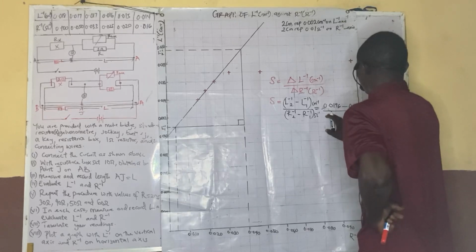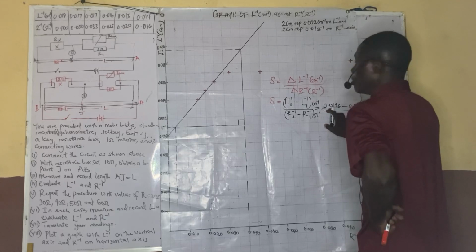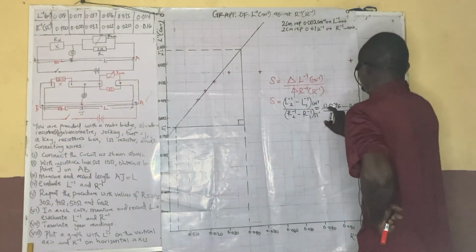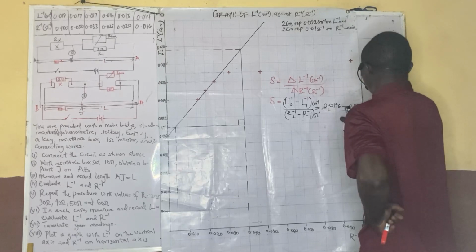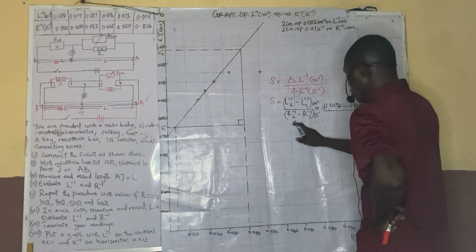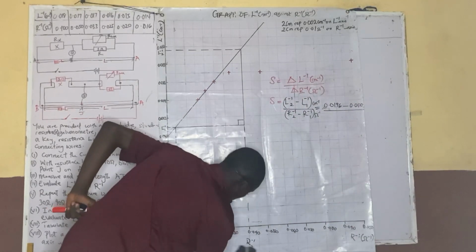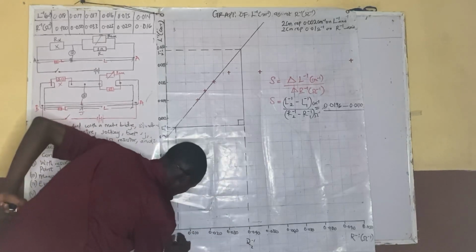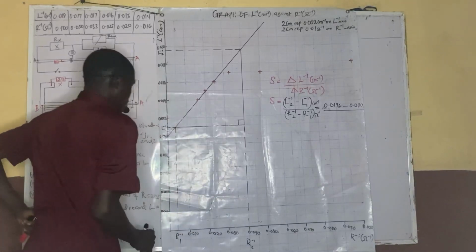So with this now we have 0.0196 minus 0.0110 for L inverse, and this one is R inverse 1.